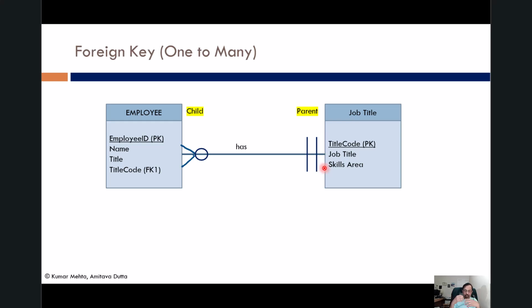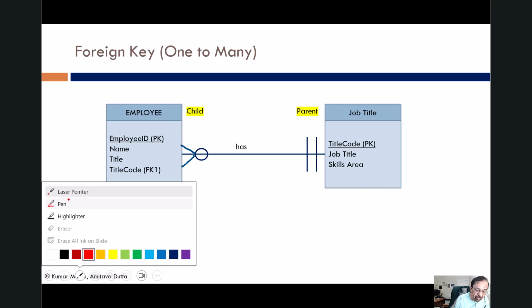As I've said many times, there is nothing sacred about this relationship. What is sacred is that the way you represent the cardinality must represent what is true in real life. So this is a one to many relationship. Let me pick up a pen.